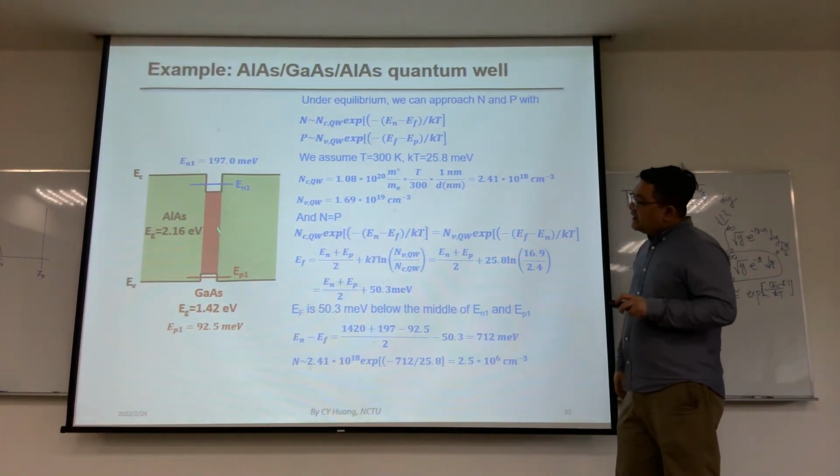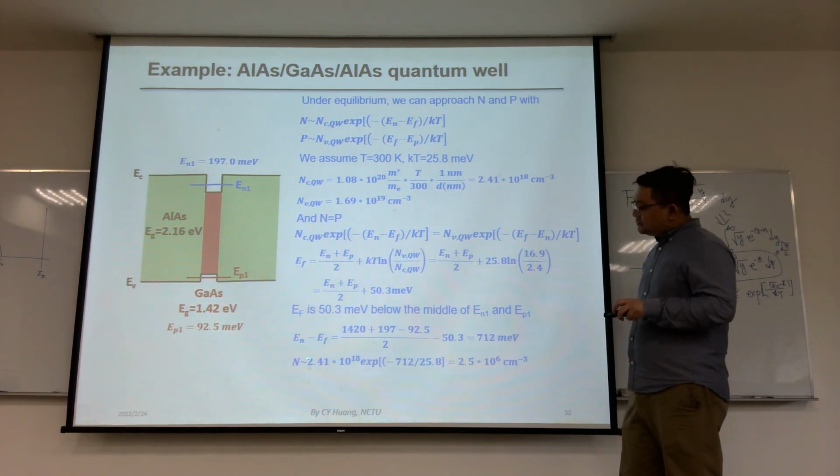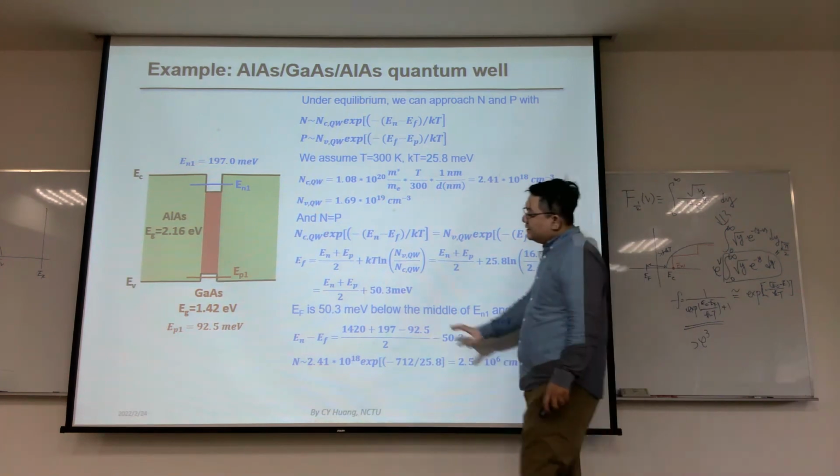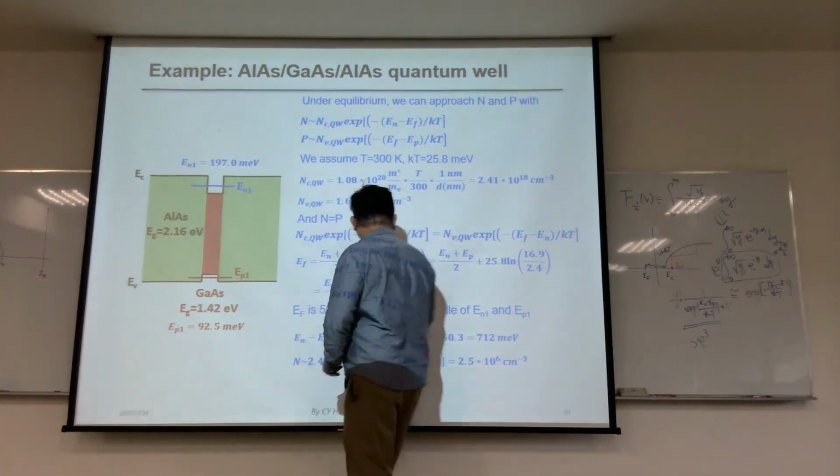So the EN1 minus the Fermi level will be half of the distance.